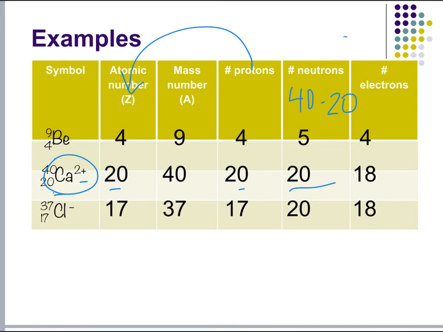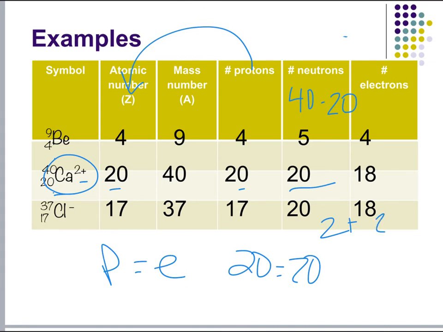This one does have a charge. So normally protons equal electrons. So the protons were 20, so I would expect 20 electrons. However, this has a 2 plus charge, which means 2 less electrons, which is 18. So we have 18 electrons.